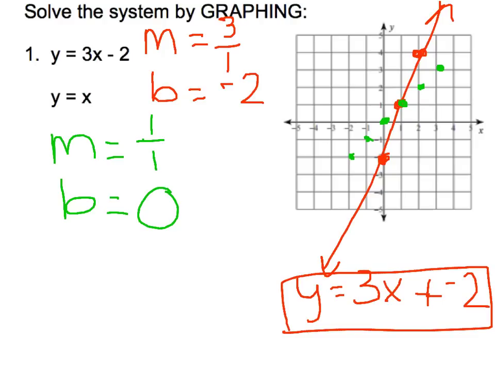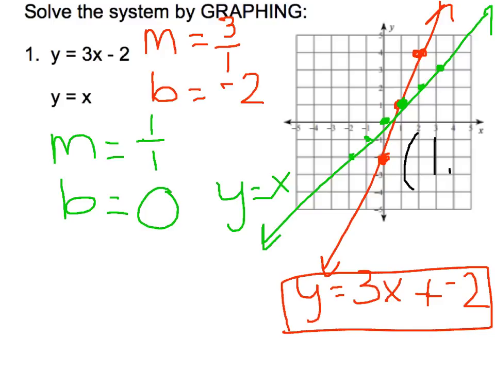I'm not able to use one on this technology, so I'm going to do the best that I can. Hopefully, you can see that this is my intersection point. That's where both lines have a point. So I'm going to label the green line y equals x. All right, my answer to the system is going to be the ordered pair where they intersect.